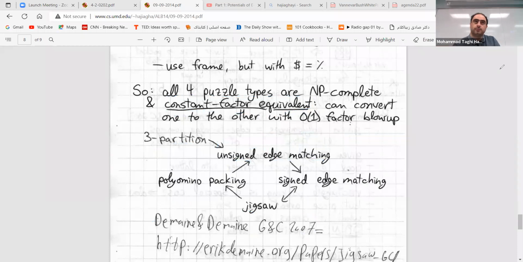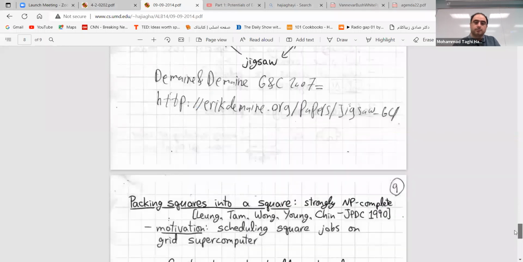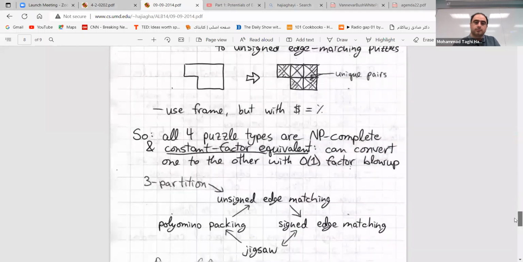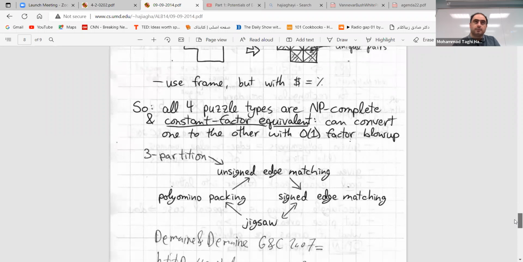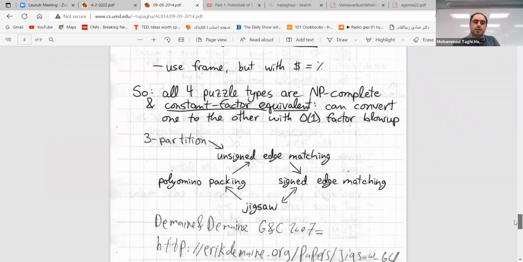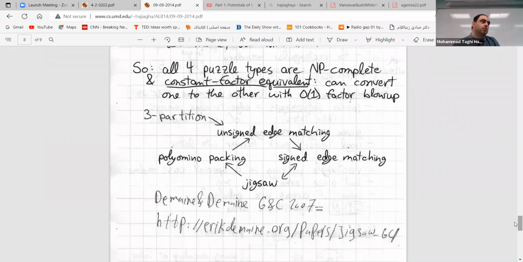Any questions so far? Yes. So the reduction from polyomino packing to unsigned edge matching assumes that the polyominoes are very long. Good.